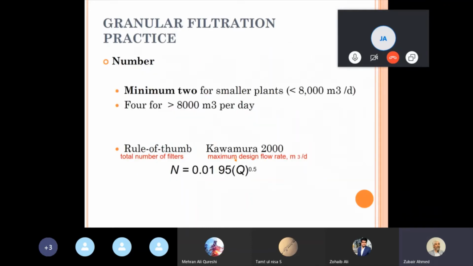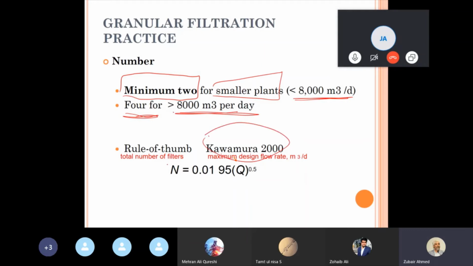And how many filters do we use? We use a minimum of 2 for a small water plant, flow rate less than 8,000 meter cube per day, or 4 for a larger plant, flow rate 8,000 meter cube per day or more. Kawamura is one scientist.